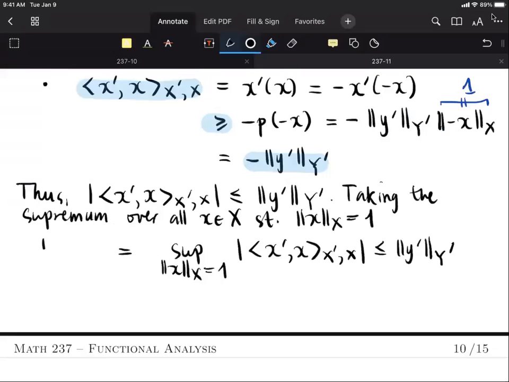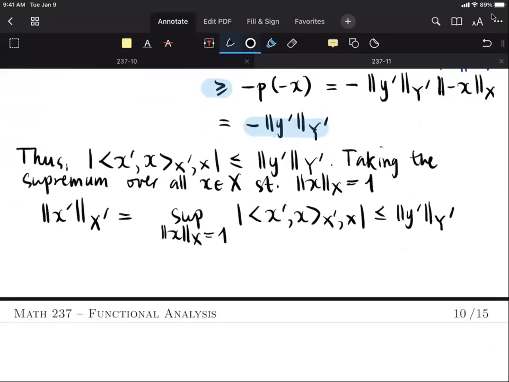However, this is according to the definition of the dual norm. This is the norm of x prime in capital X prime.